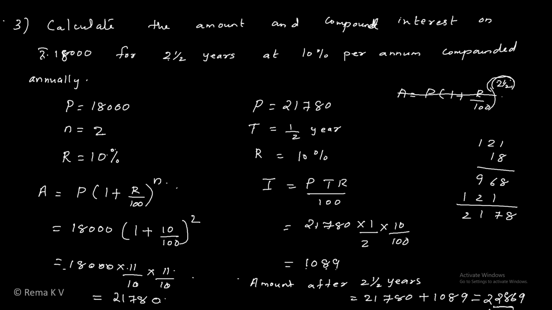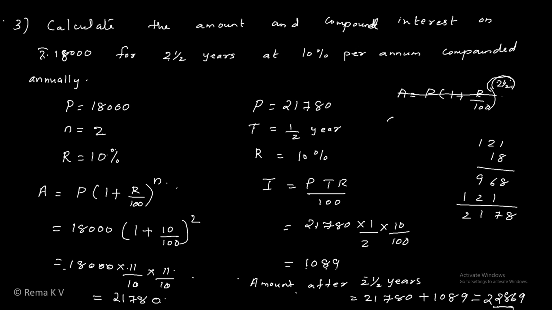It is 22,869. Okay, now amount after 2.5 years is rupees 22,869.